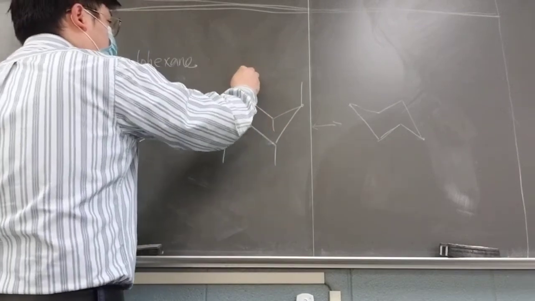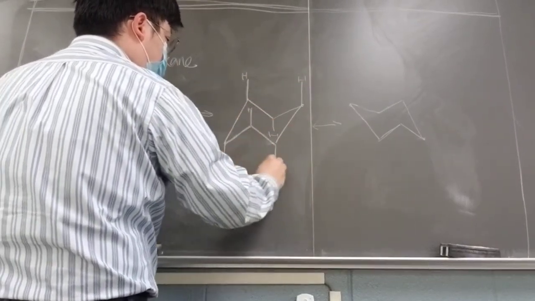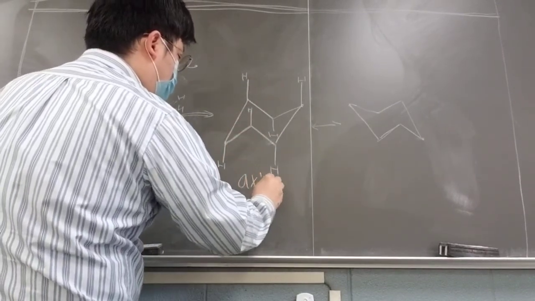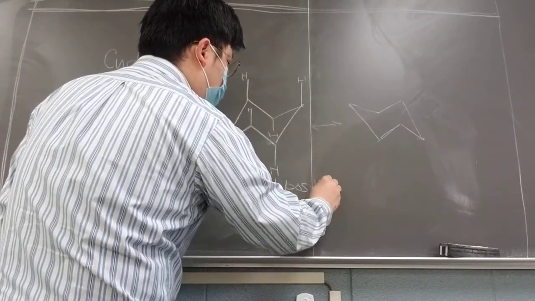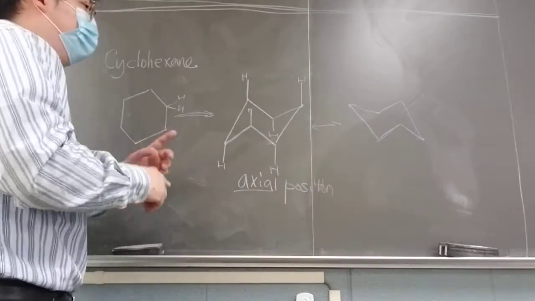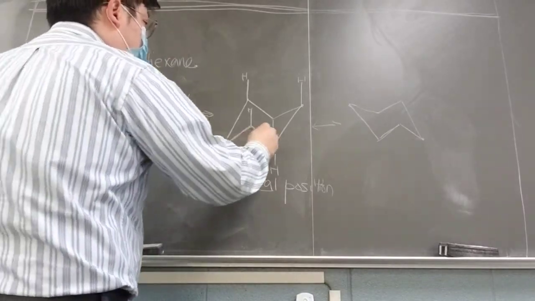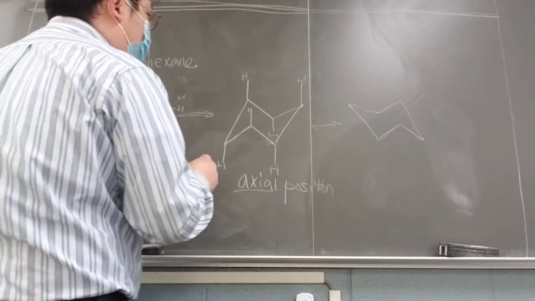And this is where you can put some hydrogen on those positions we call axial position. It's like a y-axis. It goes up and down like an axis. Okay? This is the axial position. And then we have some equatorial positions we're going to fill out.